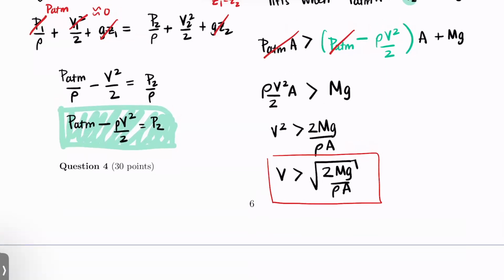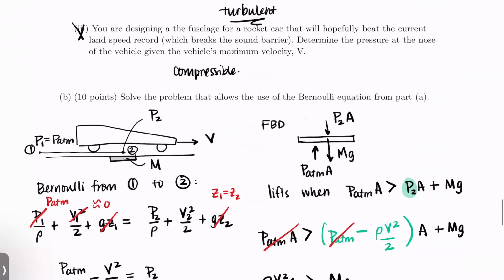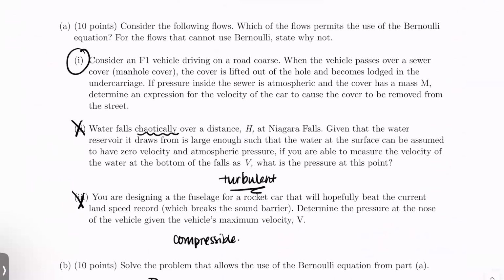Question? Yeah, about what's up? We gave it away with the first one. The first one was maybe a little ambiguous, because you could reasonably make an argument that it might be compressible. So I would suggest you read all of them.